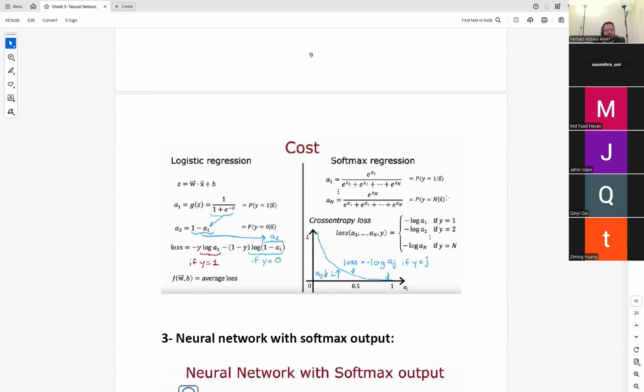So if this is the case, it means the loss function is 0, because the loss function shows the difference between your prediction and the data. When you predict 100%, it means there's no loss, there's no error. So the loss function is 0.